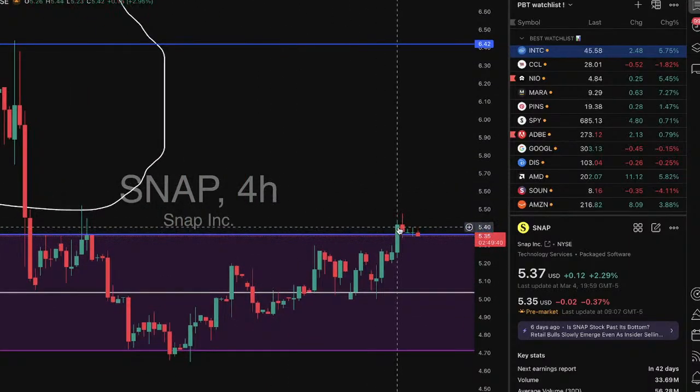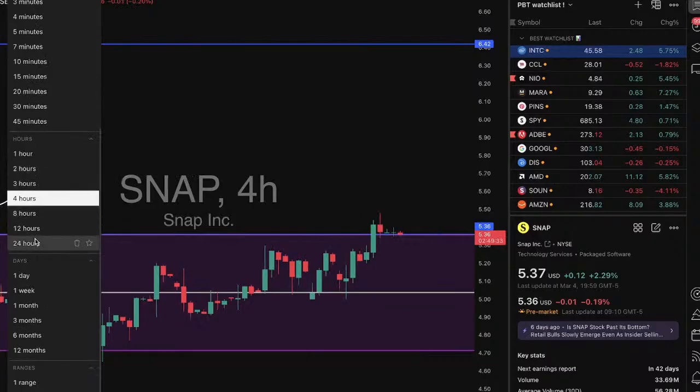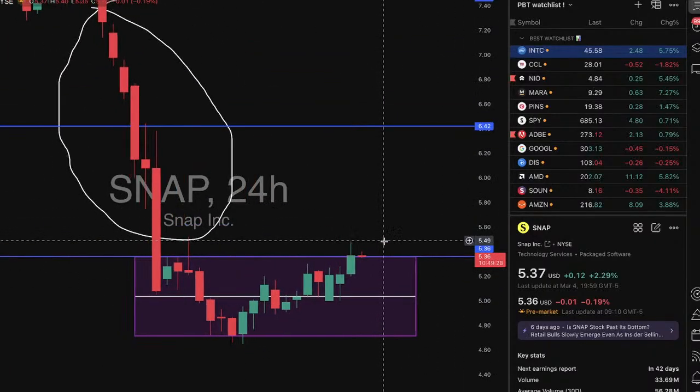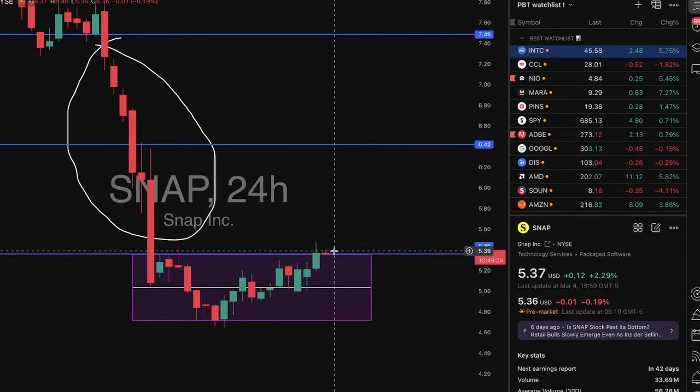So boom, we still had that nice close, but we got to see if we could get a retest. So I didn't end up taking this one at all, but hopefully we can stay above. I want to see how this is going to react today. Hopefully we get like a really strong close outside of our box, and then we got that empty space yet. So looks good. Hopefully we can get there.